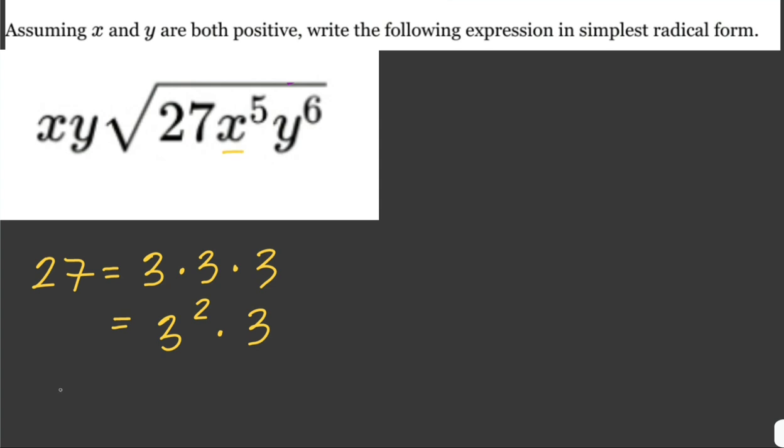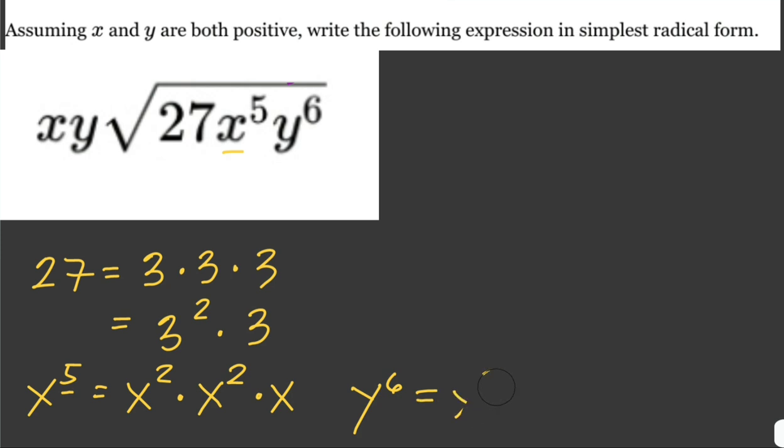And then x to the 5th, we can write that as x squared times x squared times x, or x to the 1, because for expressions with the same base, we just add exponents. So adding 2 plus 2 plus 1 would be equal to 5. And then y to the 6th, we can write that as y squared times y squared times y squared.